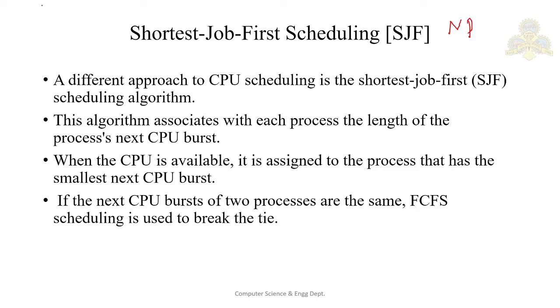Another version is possible, where the process can be preempted, and that we call shortest remaining time first, SRTF, which is SJF with preemption. Only SJF means it is non-preemptive.